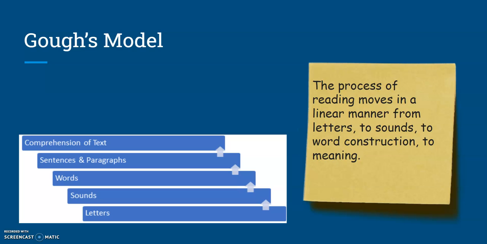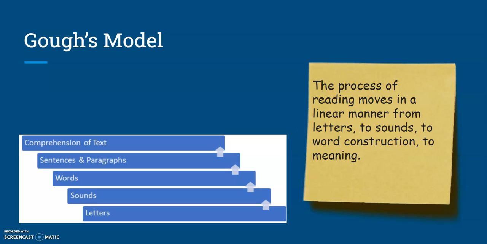This process shows reading moving through a linear process, meaning that you cannot move to the next step until the first one is completed. Basically, Gough's model moves from letters to sounds to words to sentences and paragraphs, and finally, comprehension of text.